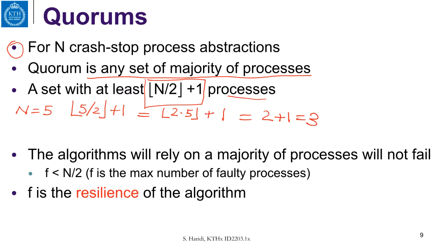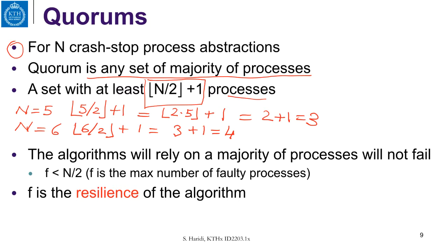So you do a division and you take the integer just equal or below this division. And if n is equal to 6, then the floor of 6 divided by 2, plus 1, is equal to 3 plus 1, which is equal to 4.